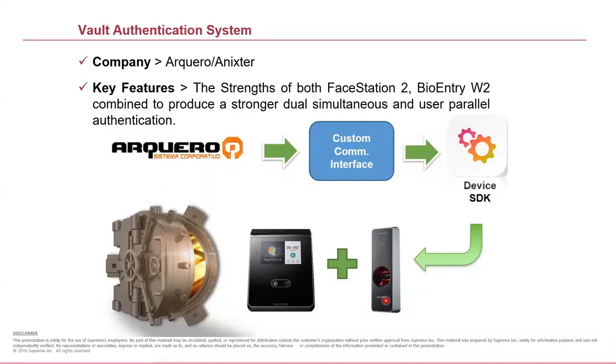And of course, if one of these persons is meant to start the procedure one way and starts in the opposite way, then this order is used as a duress type of authentication. So the bolt will not open even if the authentication is successful. All these conditions are handled through the custom interface and the Device SDK.